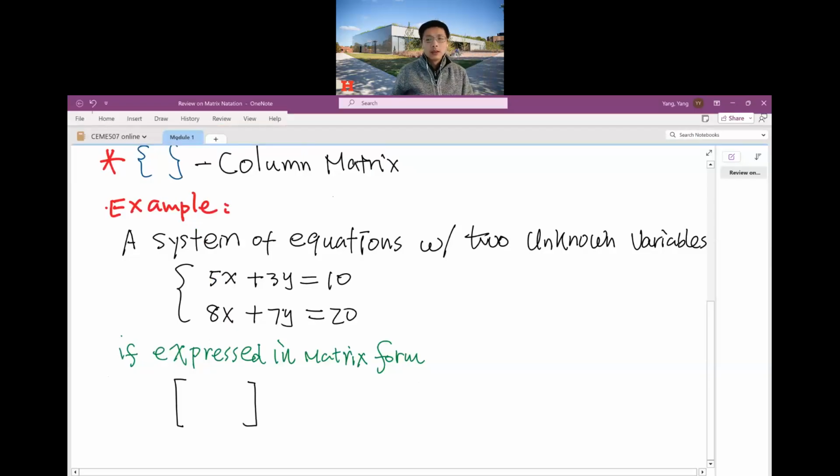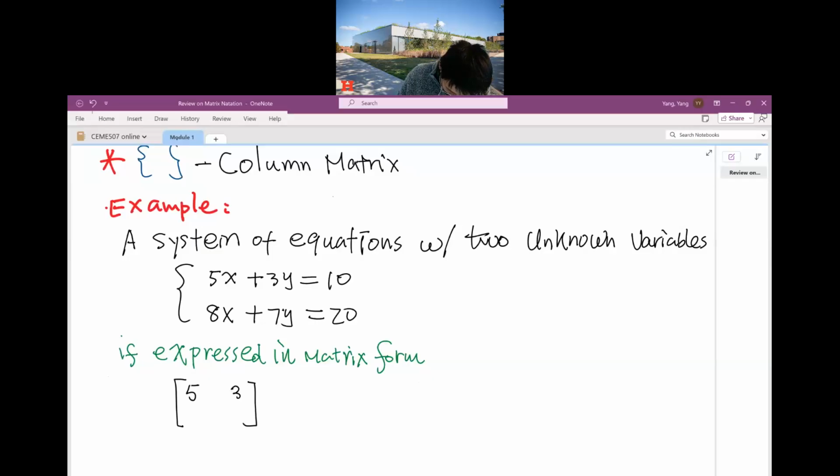We use the rectangular bracket to represent the constant numbers. So we have 5 and 3. So the first column represents the coefficient for x, and the second column the coefficient for y. And the second equation, we have the 8 and 7.